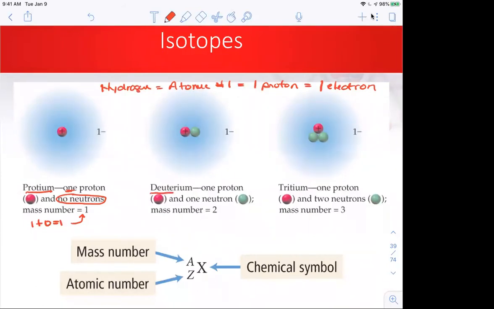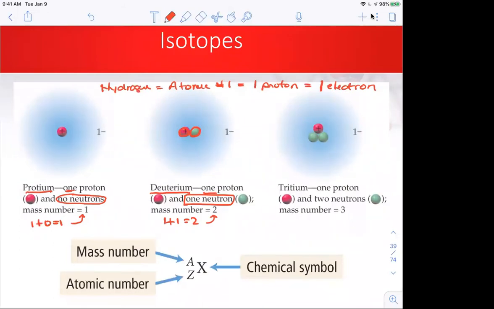I have deuterium, which has 1 proton and 1 neutron. 1 plus 1 equals 2, which gives me that mass number. So here now I have a proton and I have a neutron in my nucleus.